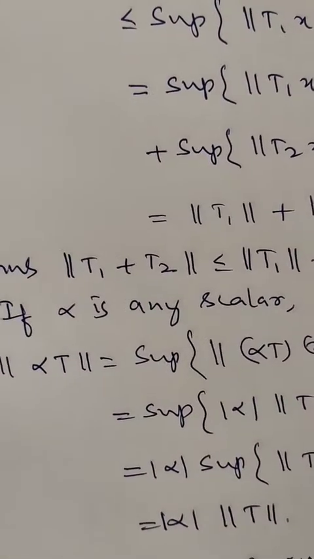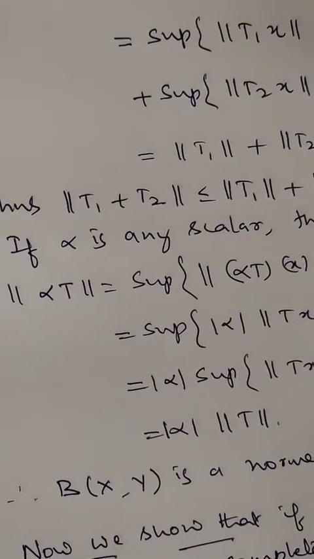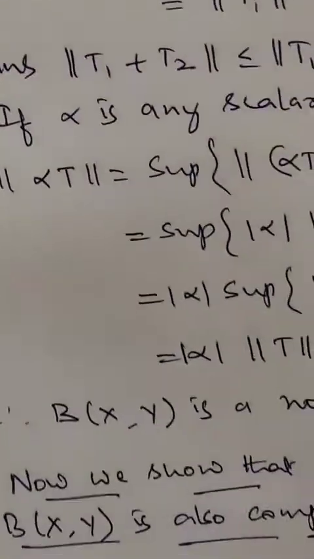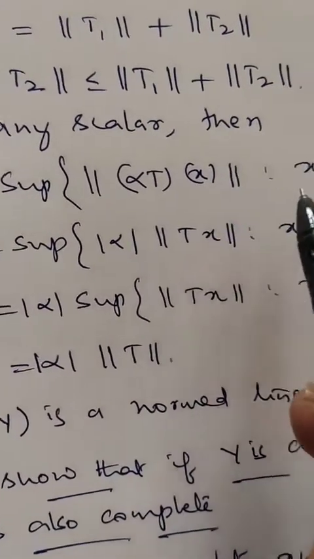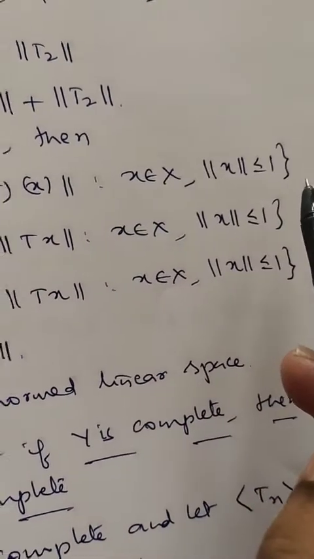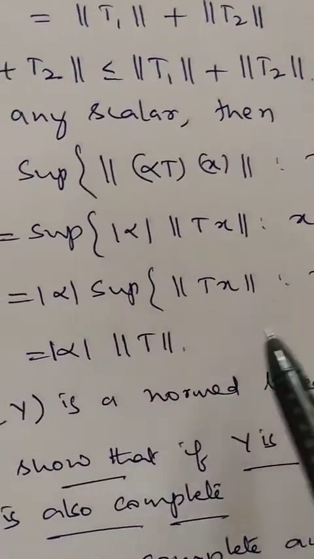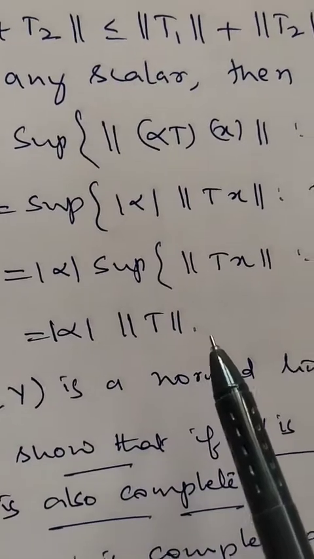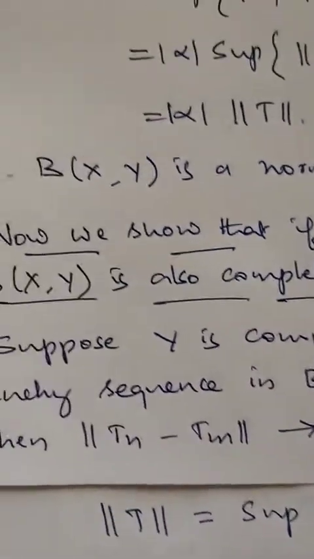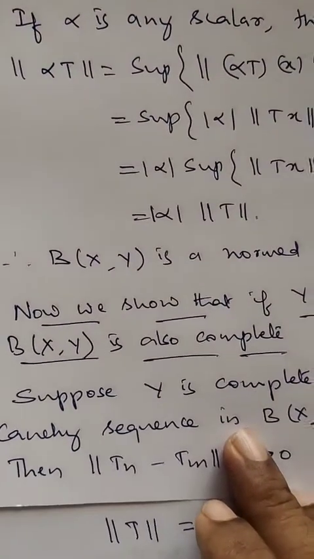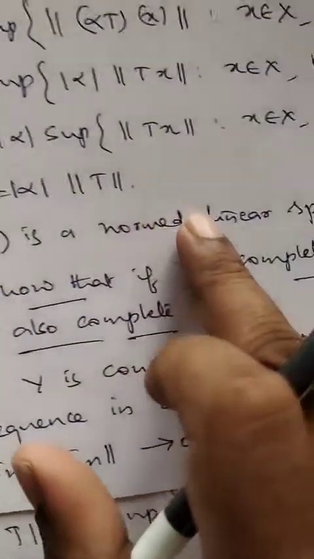The fourth condition, the last condition, is: if alpha is any scalar, then norm of alpha T is supremum of norm of alpha times T of x, where x belongs to X, norm of x less than or equal to 1. So you can take mod of alpha outside, supremum of norm of T of x, that is equal to mod of alpha times norm of T. Therefore the norm which we defined is a norm on B(X, Y), and so B(X, Y) becomes a normed linear space.